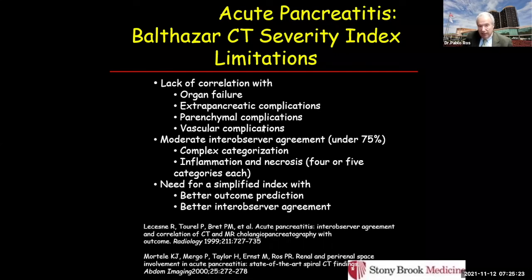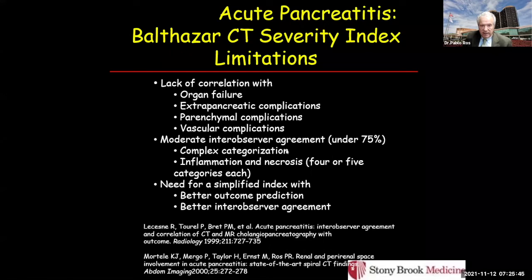So they don't really count the added severity, if you want, of having SMA thrombosis or a phlegmonous fluid collection inside the pancreas.